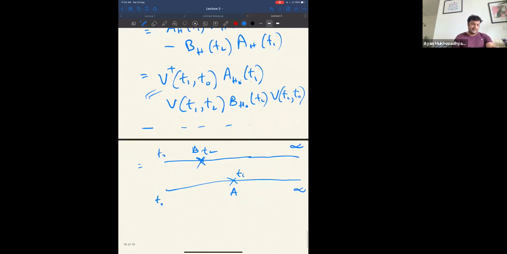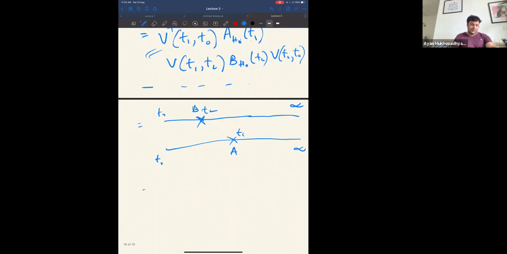And now in the other case, I have to take the subtraction where the opposite happens, right? In the opposite case, I have to insert A at T1 and B at T2. And all of these things are happening. So you see that these are going to cancel out and will become identity. And then if they become identity, this thing is always V T1 T2, right?